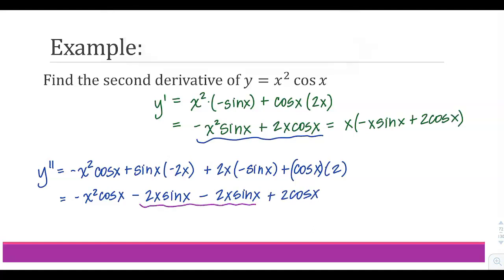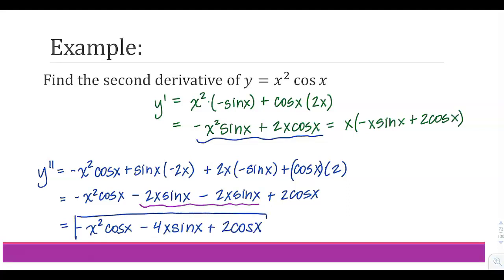So these two terms in the middle are like terms. So we can write our final answer as negative x squared cosine x minus 4x sine x plus 2 cosine x. So that's a lot of product rule practice.